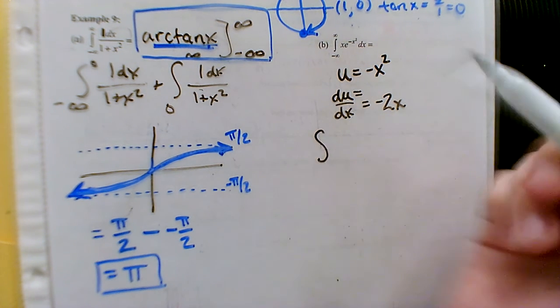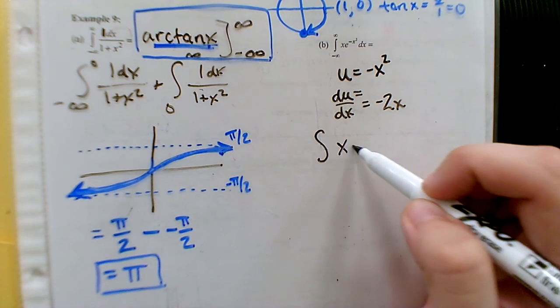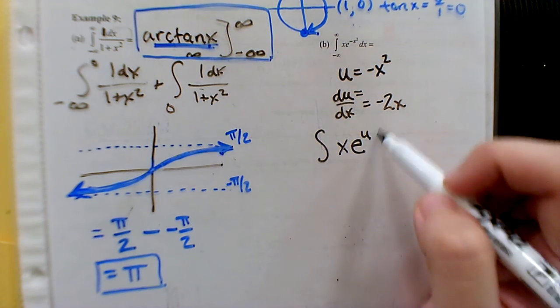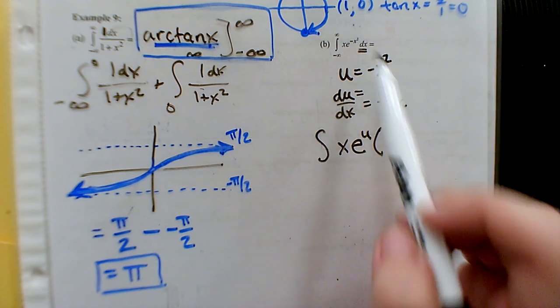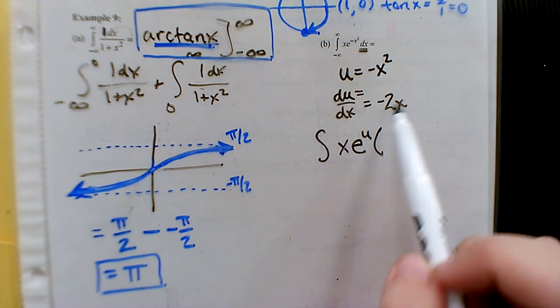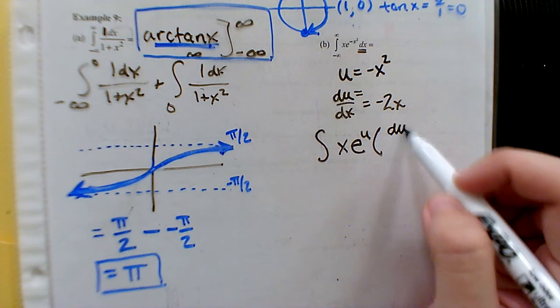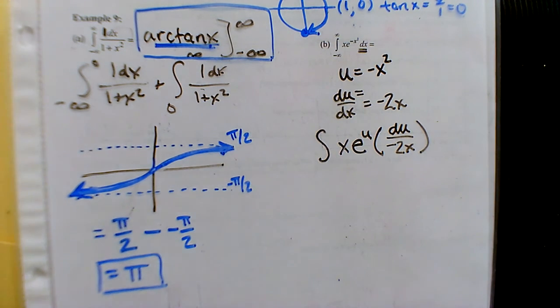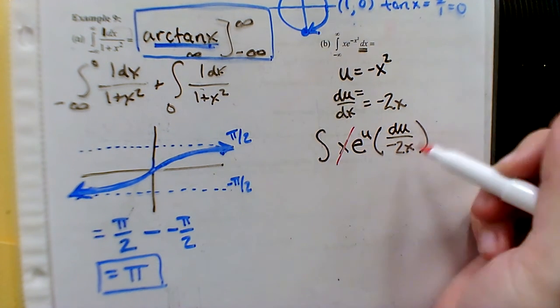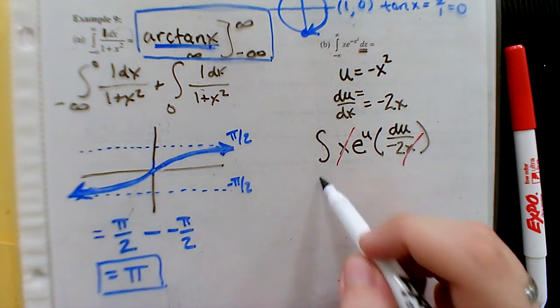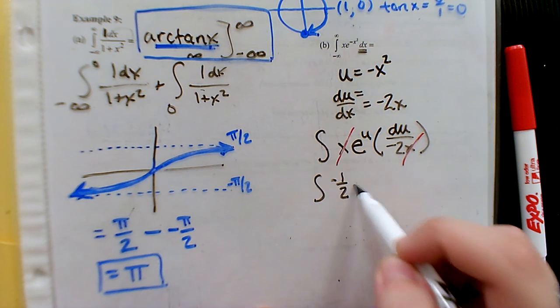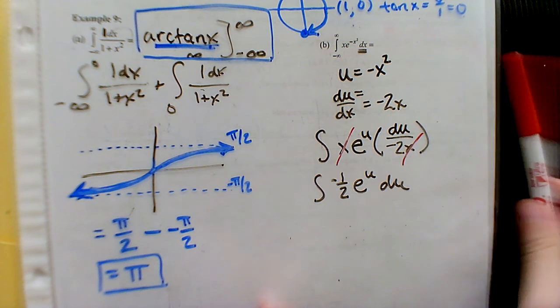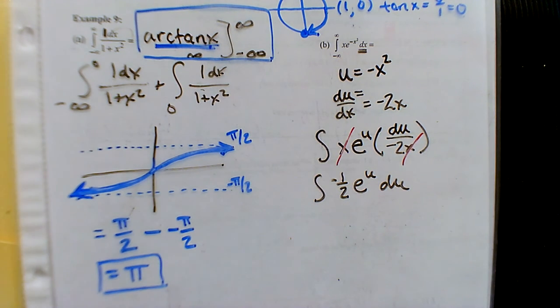So if we rewrite it, we have x times e to the u, and then solving for dx to replace it, we'd have to divide the negative 2x over, and do the x's cancel? Hooray! All right, so negative 1/2 coefficient, e to the u du, we should be able to work backwards from there.